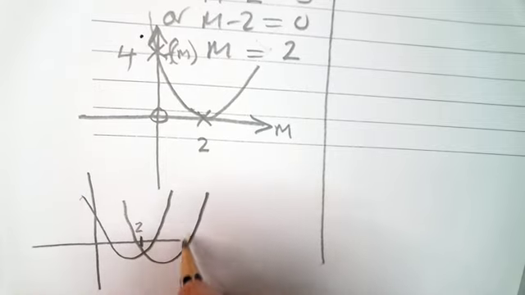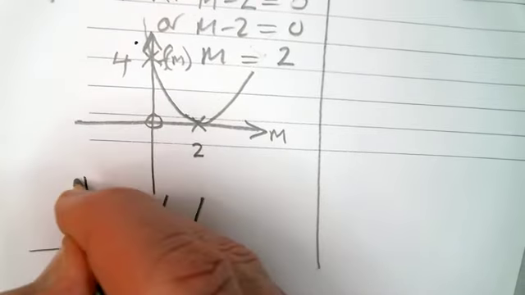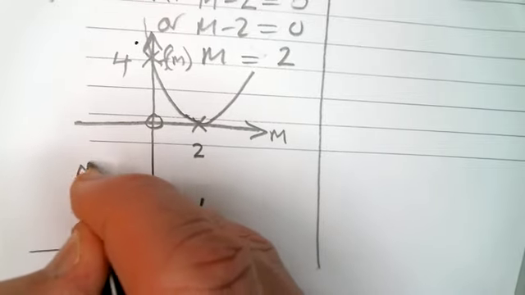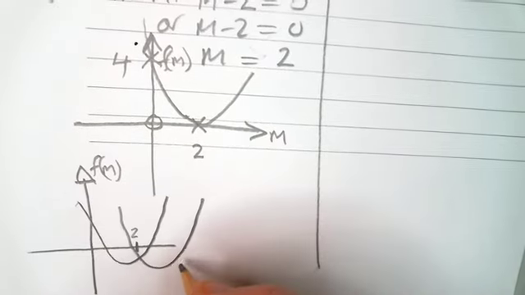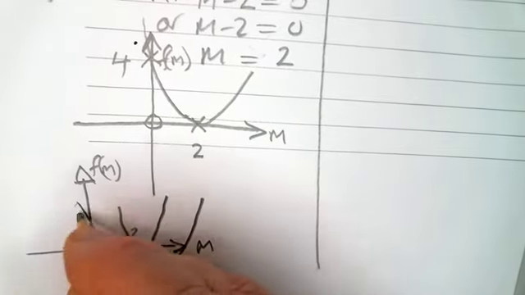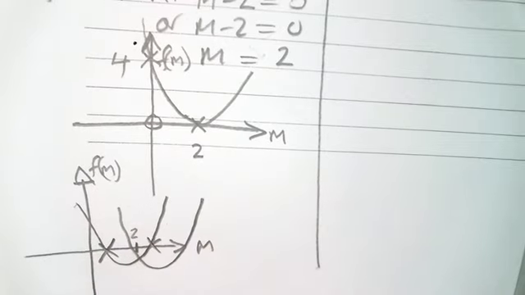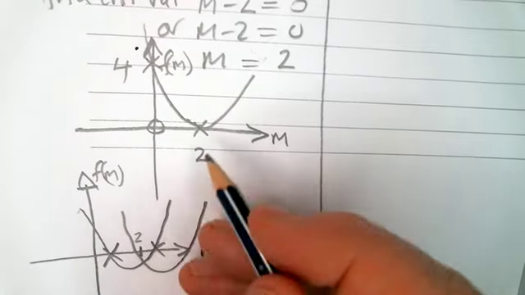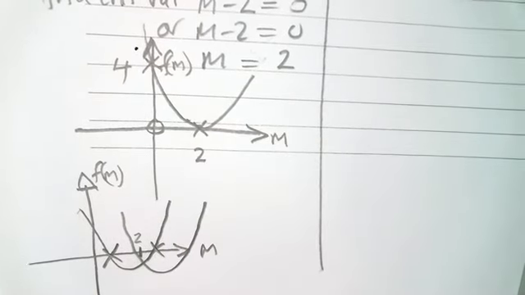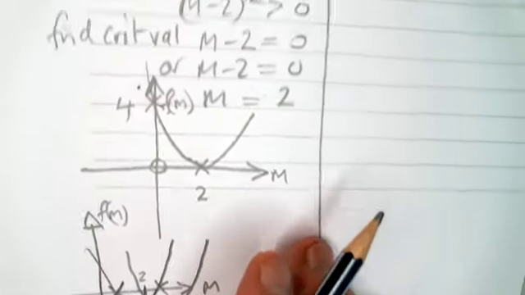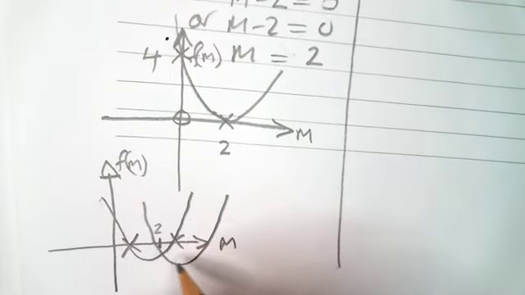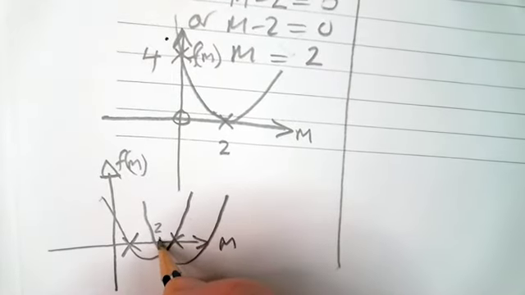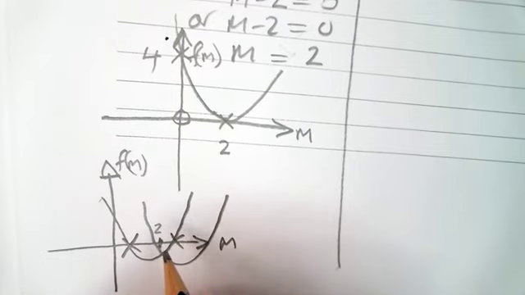In fact, I'm not sure exactly how that would look, but I'm just spitballing here. Let's just call it f of m again, and this is going to be our m value here. In other words, it's going to cross at 2 points. That's what we're saying. But it doesn't cross at 1. So as we increase or decrease m, it's going to move somewhere around here. But it's just not going to be here, because that's 1 point.